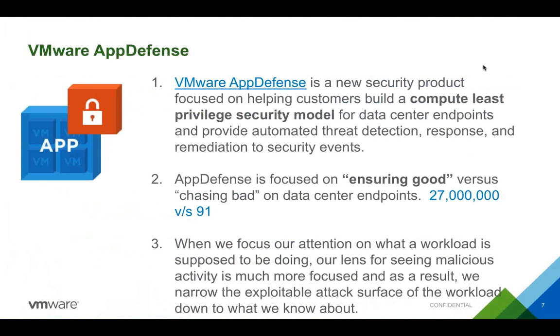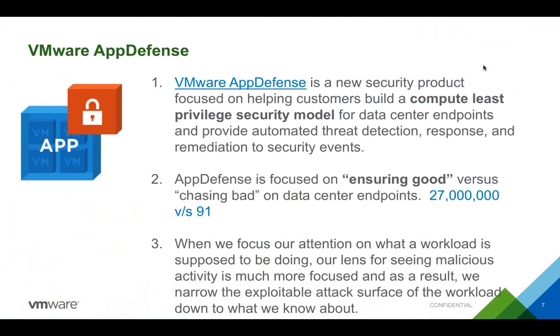And one thing I always remember is that if you look at the database today of known threats out there, there are around 27 million entries in the global threat database that all your antivirus and anti-malware vendors are using to protect data centers. But still we see the attacks happen at Equifax, Sony, Target, what have you.